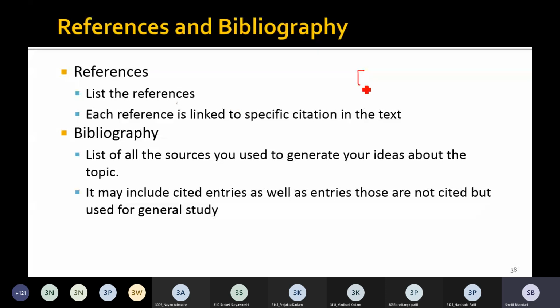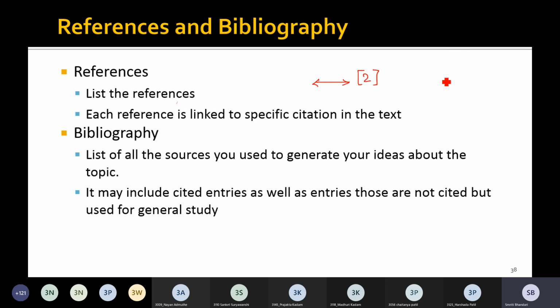While writing the proposal, if I am referring to some material from some paper, properly I need to cite that. So some work I am referring to, and this work is being referred from some paper, that should be listed in the references, and I need to provide the citation here.